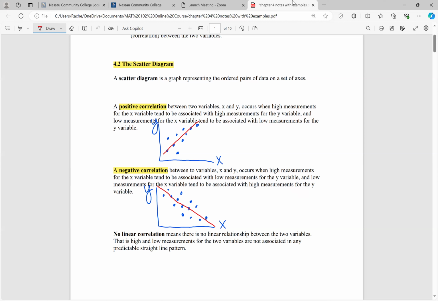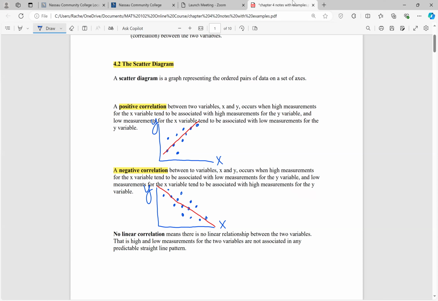And that line has a negative slope or it's decreasing, right? So what this means is that higher values of y tend to be paired with lower values of x, and higher values of x tend to be paired with lower values of y. So we have that negative relationship. So this would be an example of a negative correlation.